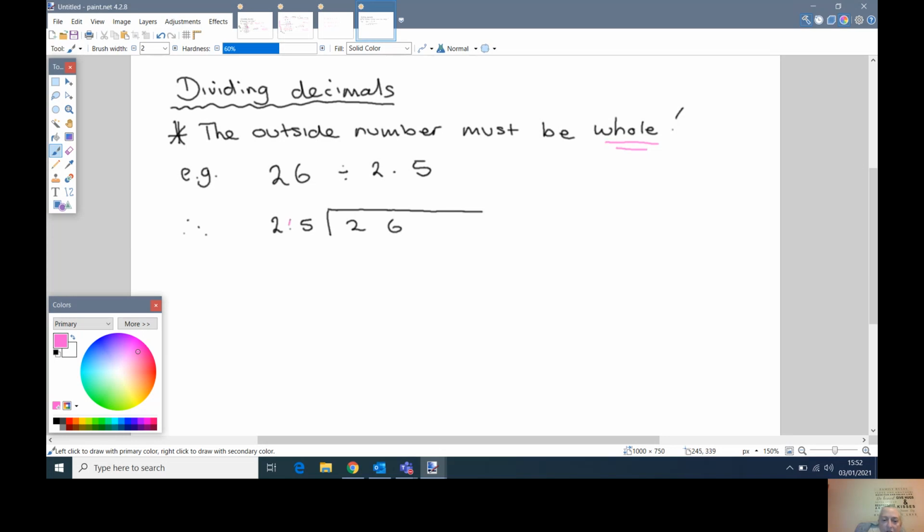So I'm going to jump there. What I do here, I do here. At the moment, my decimal is here, because that makes 26. So I'm going to jump that, and I'm going to put a 0 there. So basically what I've done is I've times that by 10, so I've times this by 10.